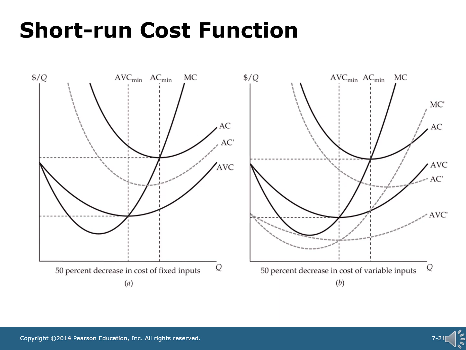Now, if we were somehow able to decrease the average variable cost, through lowering wages or finding something to make the existing workers we have more efficient, that's going to lower all three of those curves. So we have the initial curves in the solid black lines, and the new ones in the grayish dotted lines.